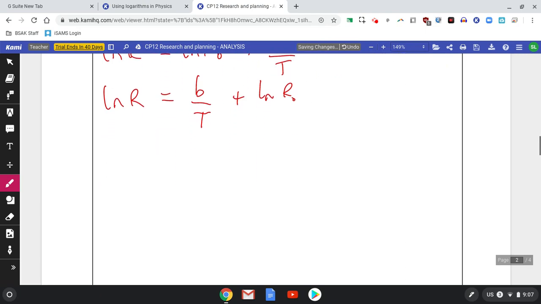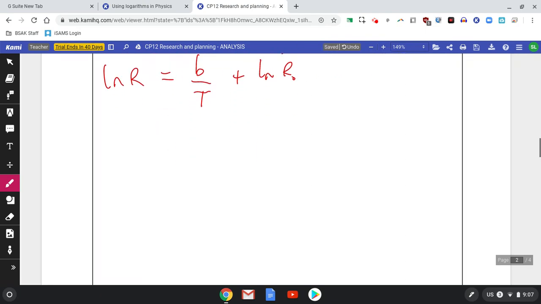And then finally, I'm going to do just this thing here. I'm going to go with natural log R equals B multiplied by 1 over T plus natural log R naught.